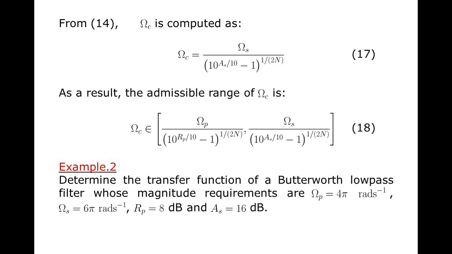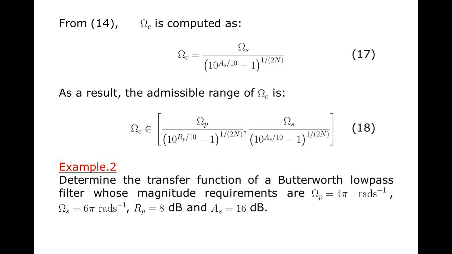Instead of RP you can use AS, and you can take either admissible range of ohm C. If you require more stop band attenuation, then you can select the other formula, that is formula 17, or if you need the passband attenuation to be low, then you can select equation number 15.